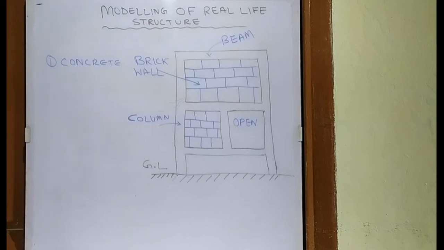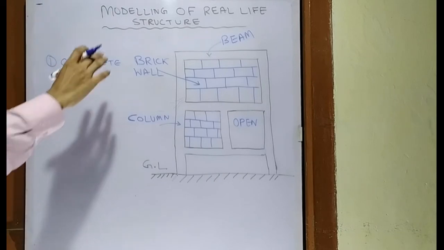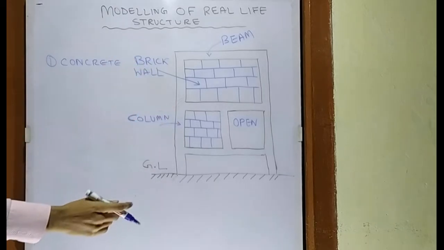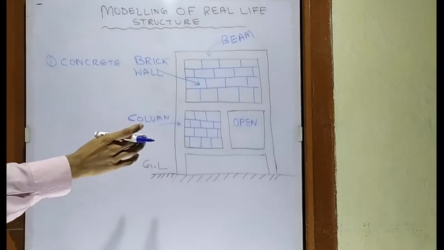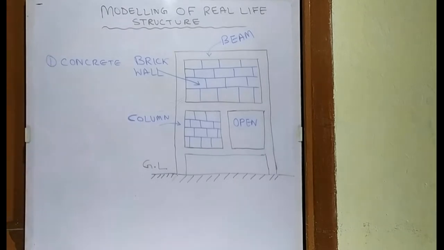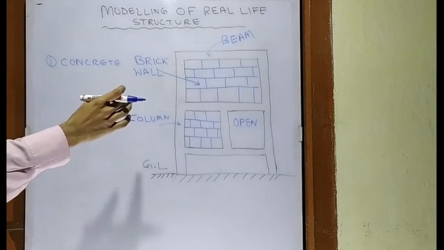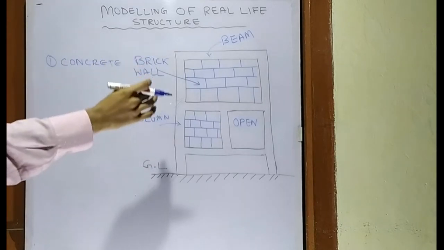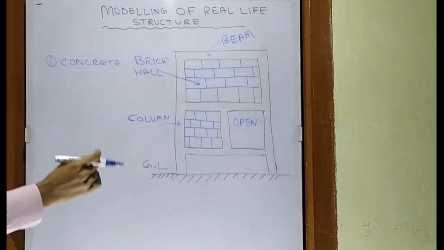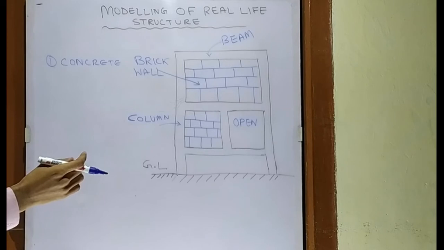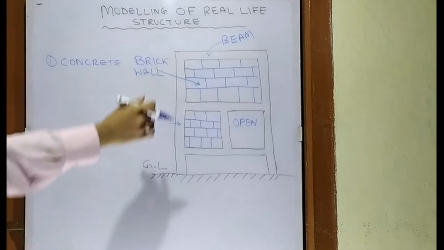Now, what are the uncertainties associated with this real life structure? This is a frame which you can see very easily in any building. If there is construction going on, you can just go and see this type of structure, because nowadays frame structures are very commonly constructed.